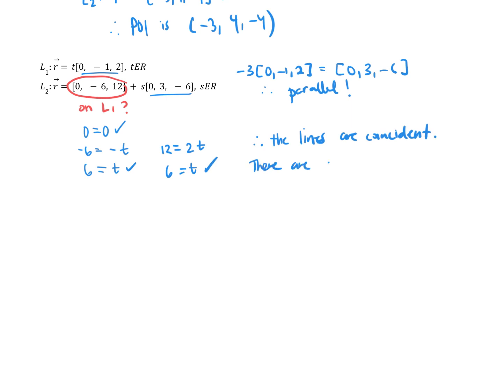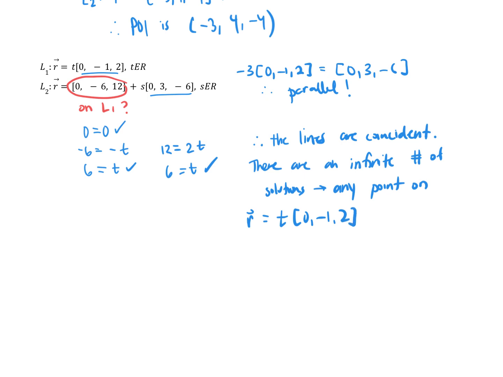There are an infinite number of solutions. And to clarify, I'm going to say any point on, and I can pick either equation because the equations represent the same line. So any point on this is a point of intersection.